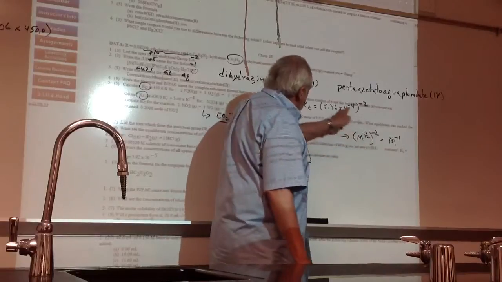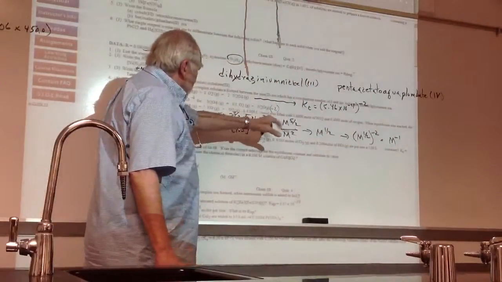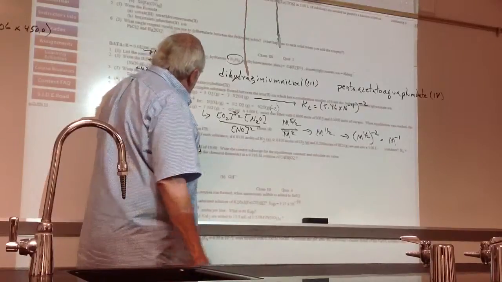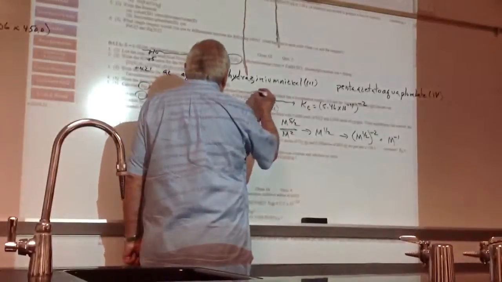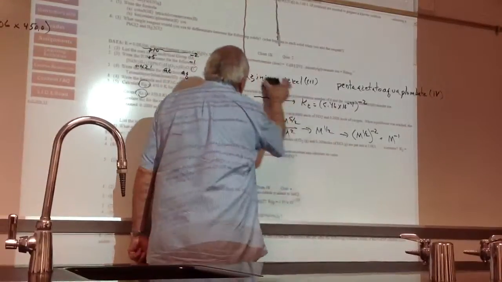So this equation up here would have units molarity to -1, whereas this one down here would be molarity to 1/2. And if we just wrote this thing, I'm running out of space here, I'm going to get rid of this.